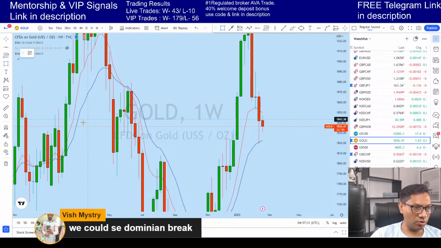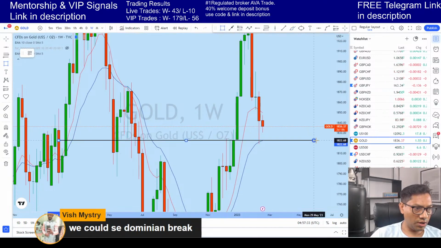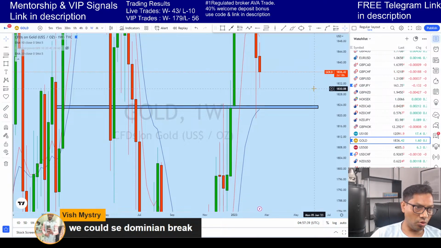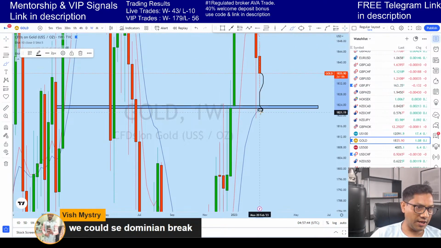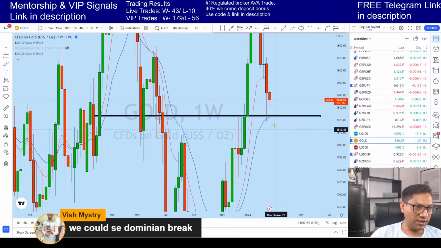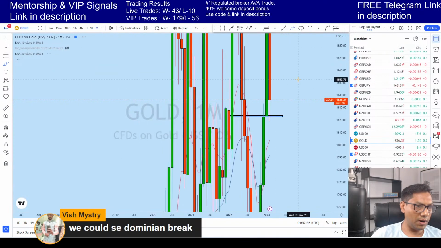This is what we discussed before on gold, and from this support gold had a big bounce. Now I think gold is likely to come back down again, highly likely that it will test this zone again, and then we'll have another bounce. There is still a big gap to fill in terms of the lower time frame on gold monthly.